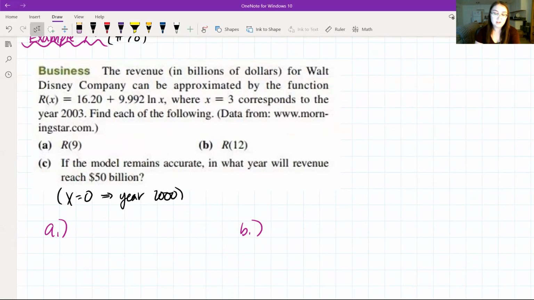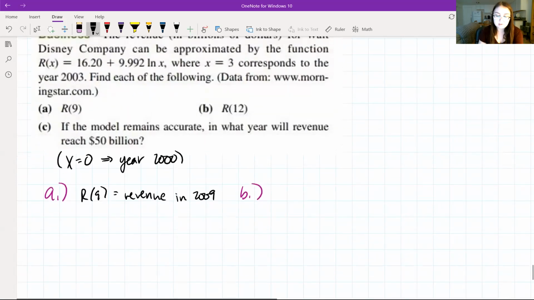Starting with part A, we want to find R of 9, which we know is our revenue in 2009. So now all we want to do is plug in 9 for x. Our revenue equation is 16.20 plus 9.992 times the natural log of 9.